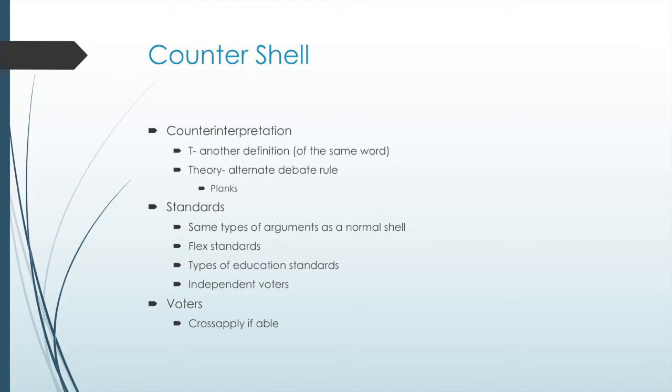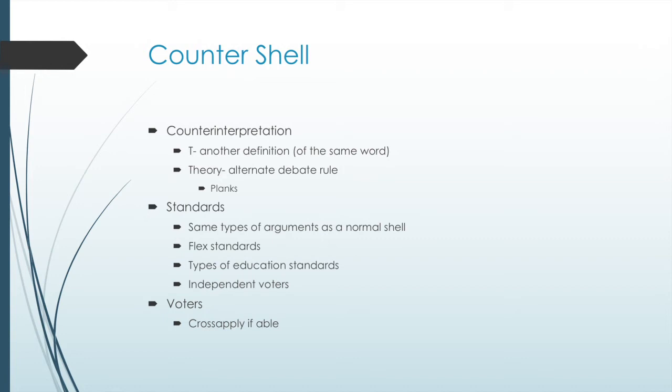Another thing that's kind of common in counter shells is to have specific types of education as a standard. The types that you hear a lot are real world education, policy education, philosophy education, things of that nature. So what we basically say here is that if your opponent is reading a shell that says that you can't specify a country, or basically says that you can't really read a plan af, then you're going to say one of your standards is policy education.